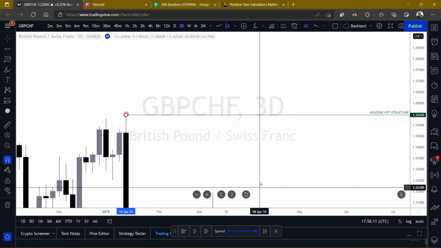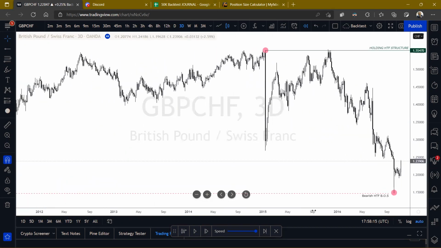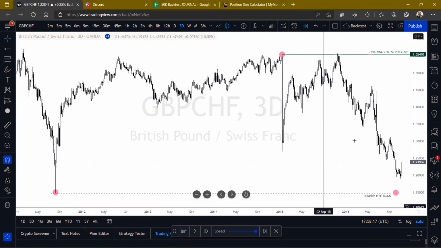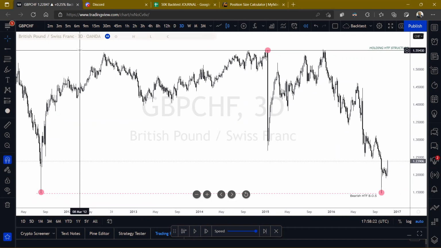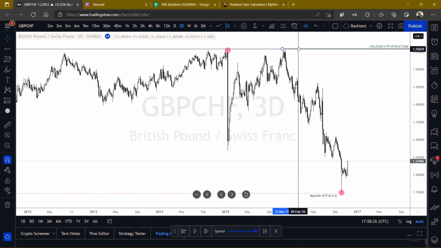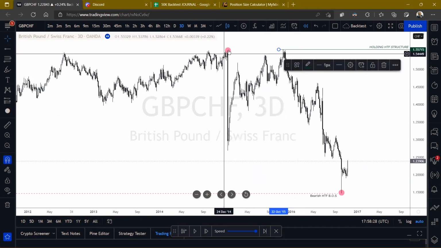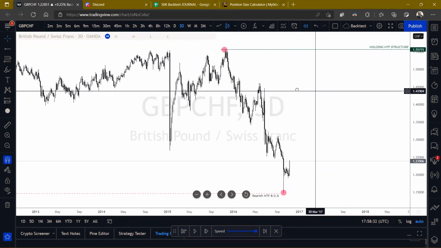Time frame structure. What's holding higher time frame structure is actually this, because this is the highest that price has been. So it's that point there.